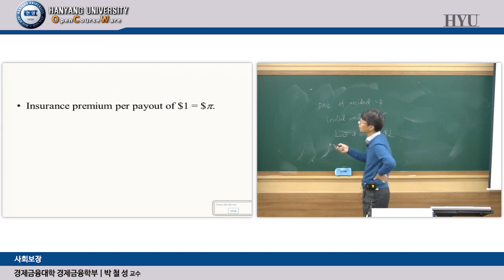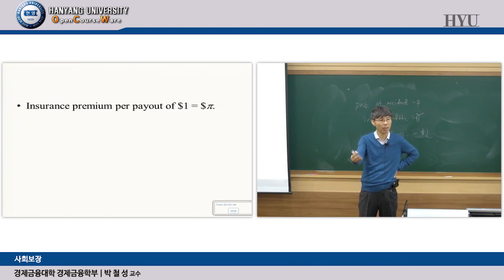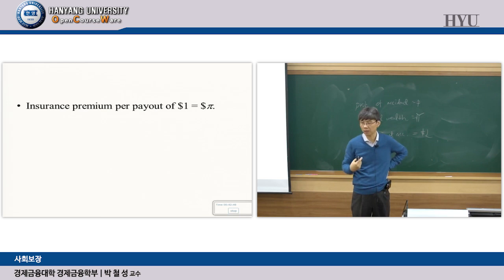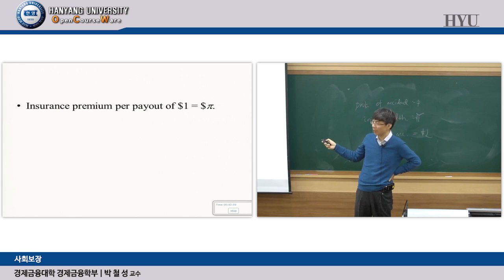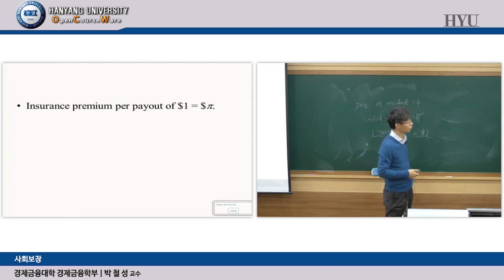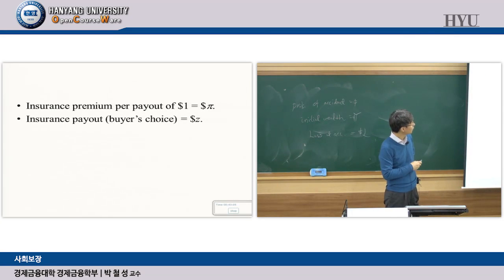So the insurance premium per payout of $1 is pi dollars. If you pay me pi dollars, I'll give you $1 payout. If you give me 2 times pi dollars, I will give you $2 payout if something bad happens.